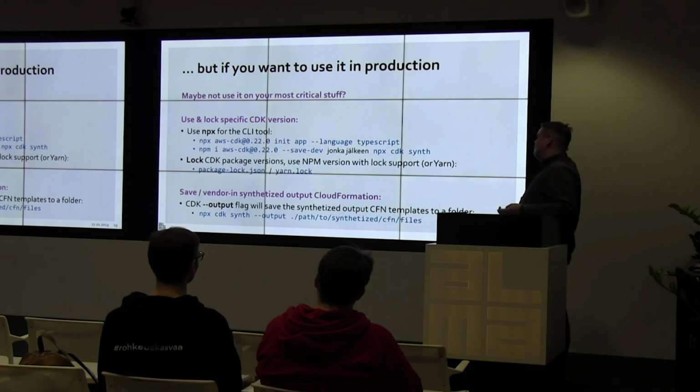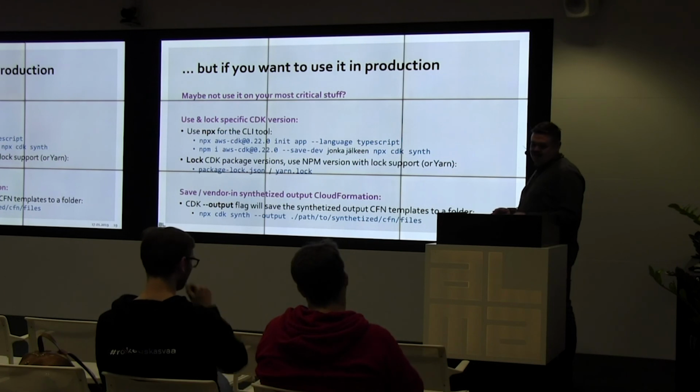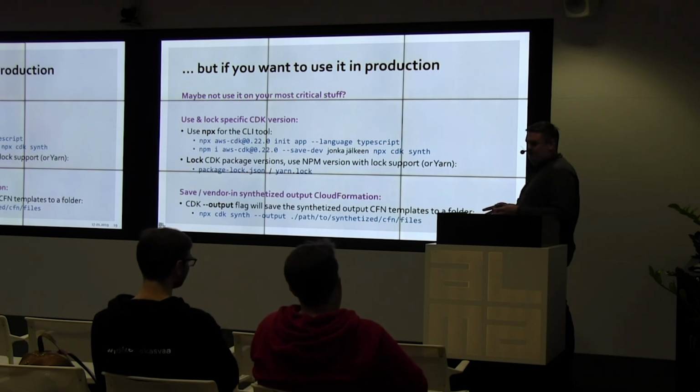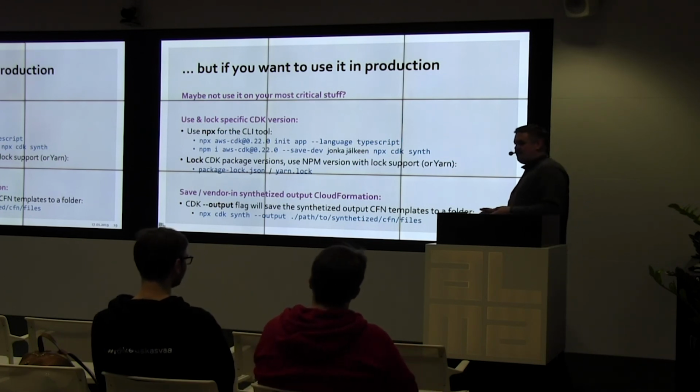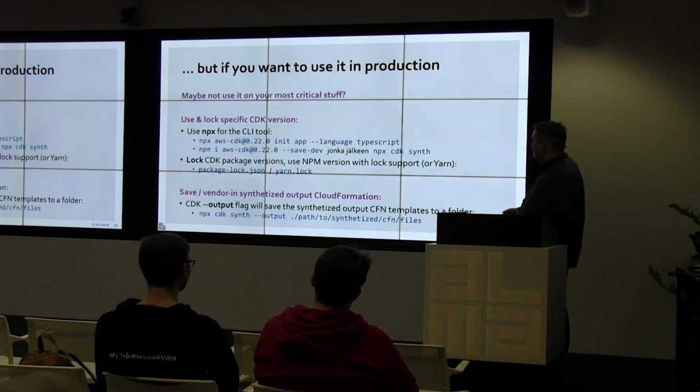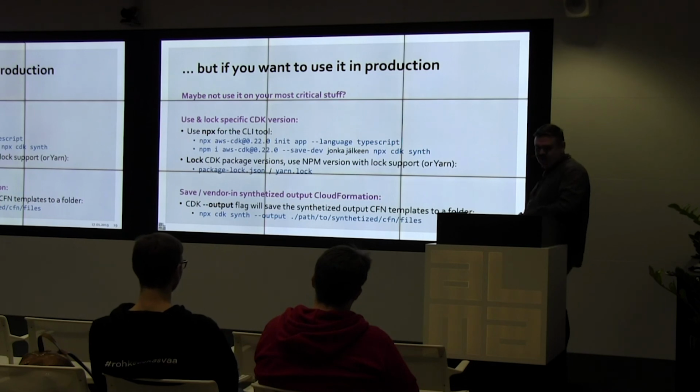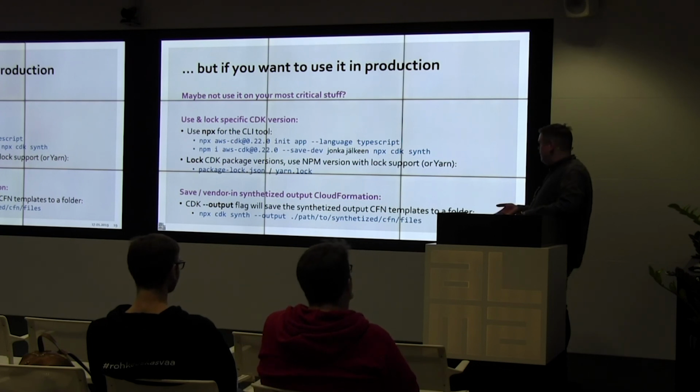So first, of course, maybe don't use it for your most critical stuff. If something goes wrong or you can't deploy and it ruins your whole business, that's probably a bad place to start using CDK, but you could use it for some not so critical stuff. And when you use it, I'd suggest that instead of installing the CDK tool globally, as the docs say, you should really use npx, which allows executing packages from a local place.